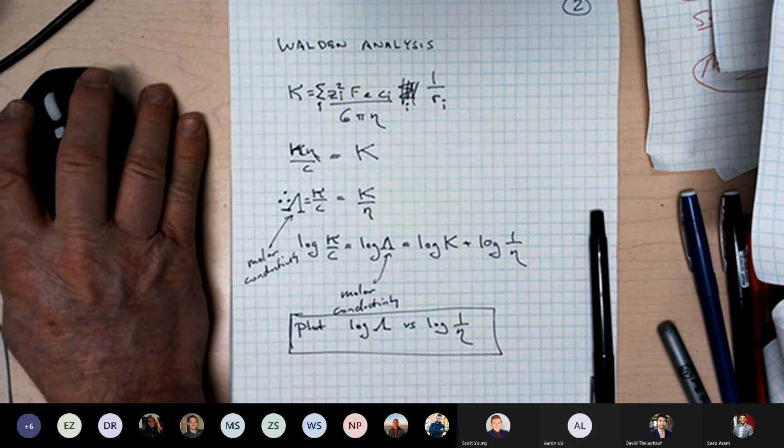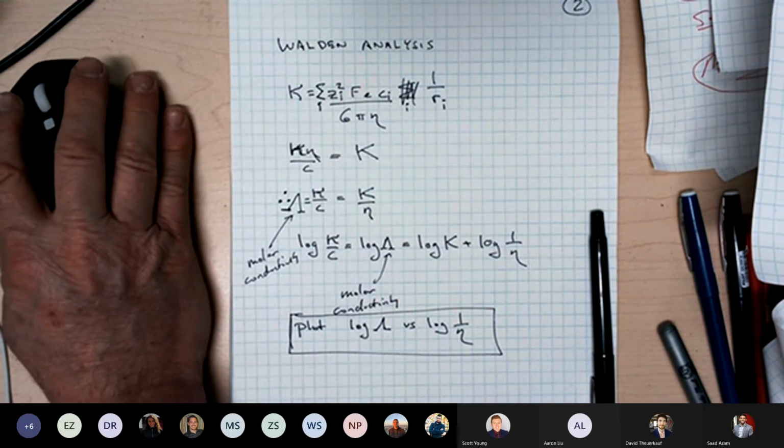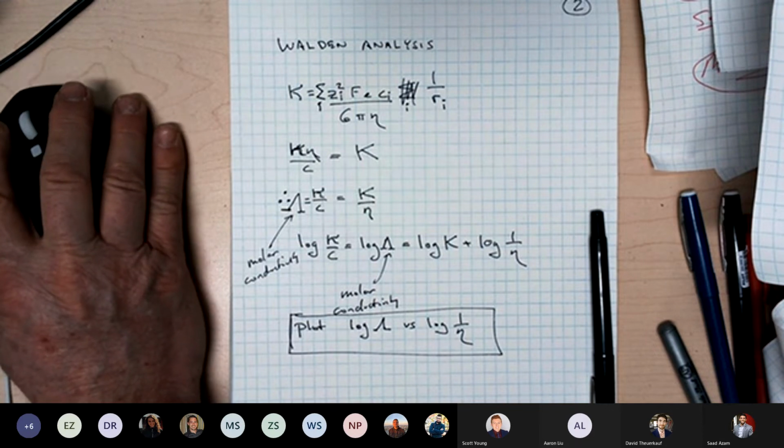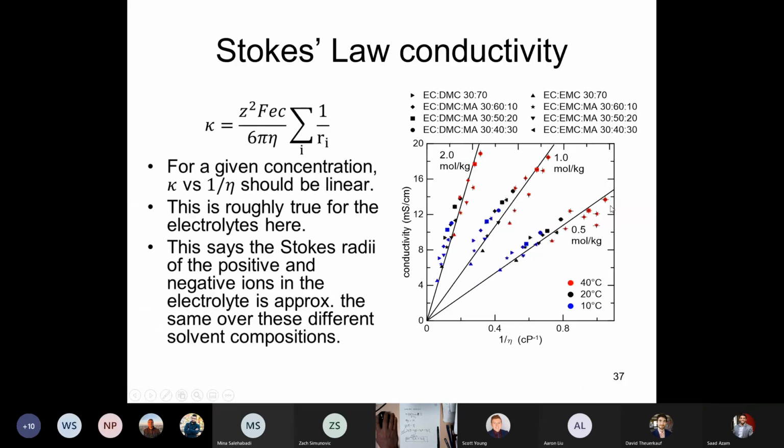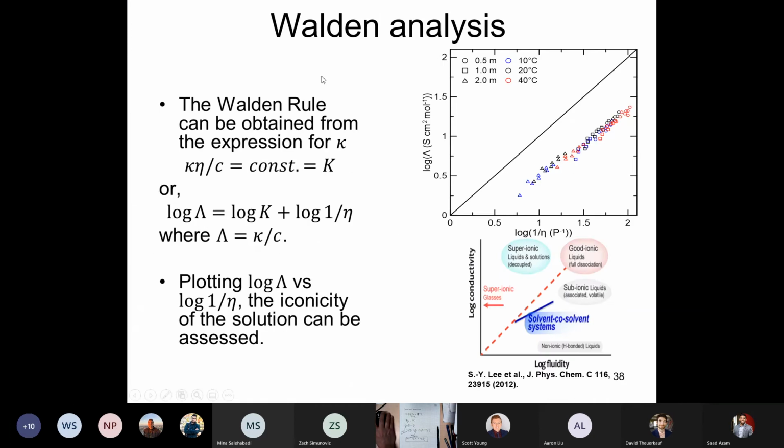So let's go back to the PowerPoint. Okay, so here's the Walden rule. The conductivity times viscosity over concentration is a constant.